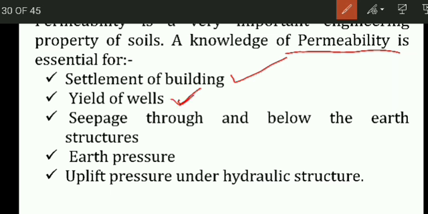Then seepage through and below the earth structure: what amount of water is seeping through is helpful when you construct dams and tunnels. Then to find the earth's pressure and uplift pressure under hydraulic structures. When you deal with different hydraulic structures, there also you need to calculate the permeability.